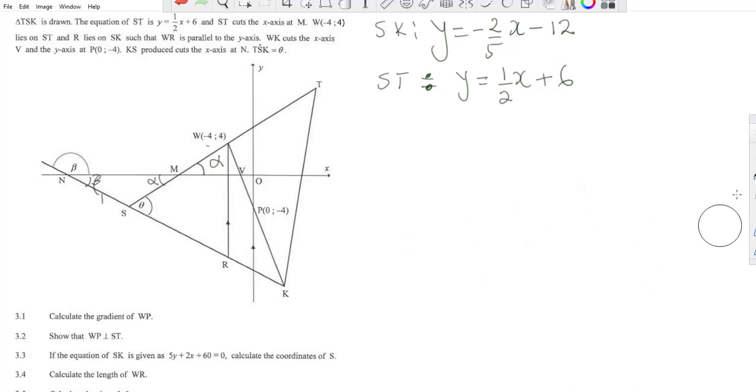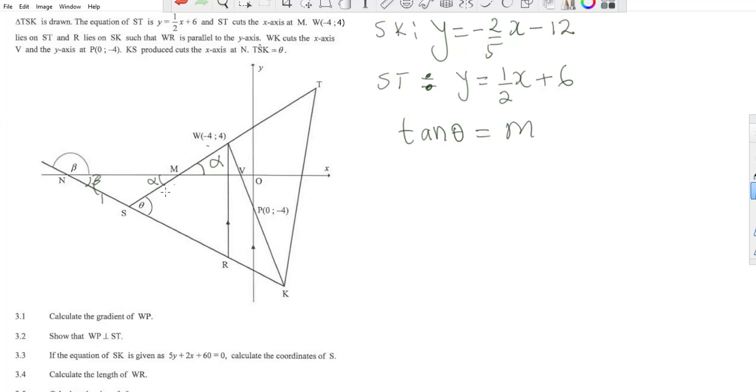Okay, so to find the angle, remember tangent theta should be equal to the gradient. Now there we go.